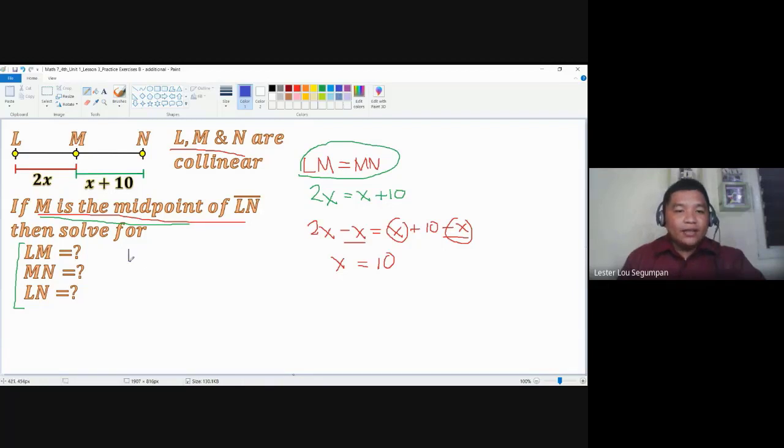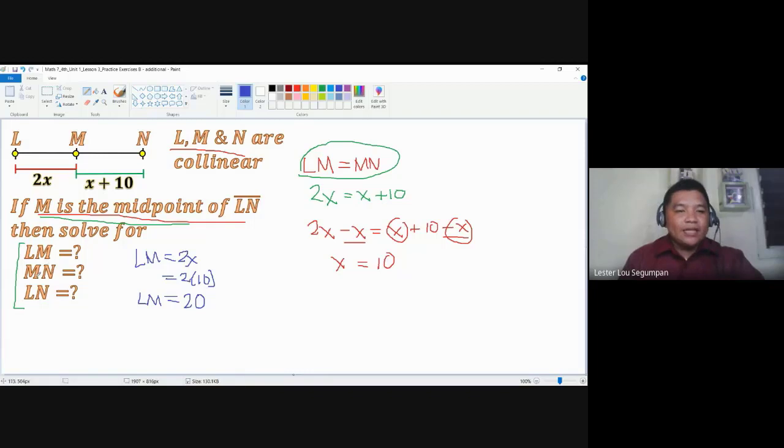But first, let's solve for LM. The measurement of line segment LM is given to us by 2x, and x is 10. So that's 2 times 10, which is equal to 20. This is the measurement of line segment LM.